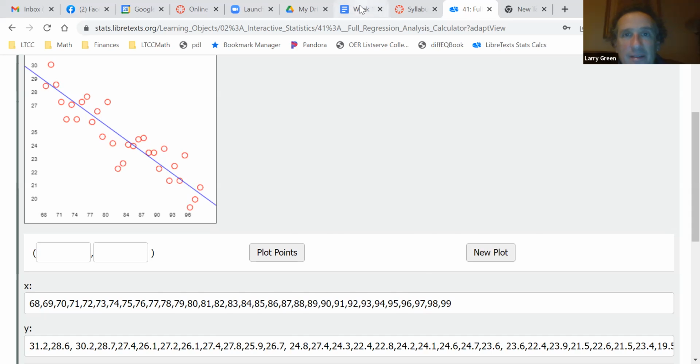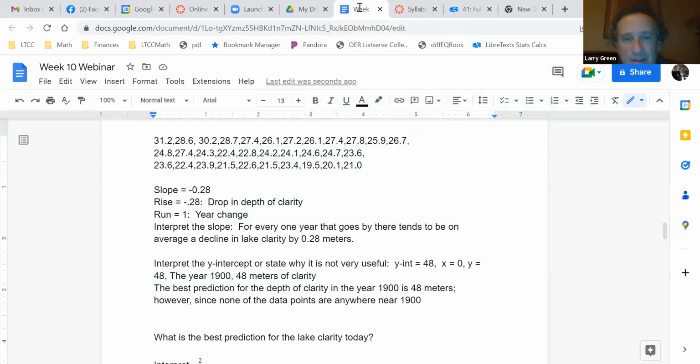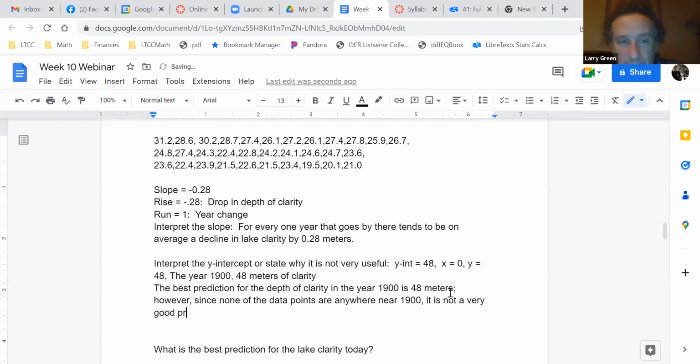Does that make sense? It's not a very good prediction. So are any questions about this interpretation of the y-intercept, or in this case, it's not that useful? Any questions?